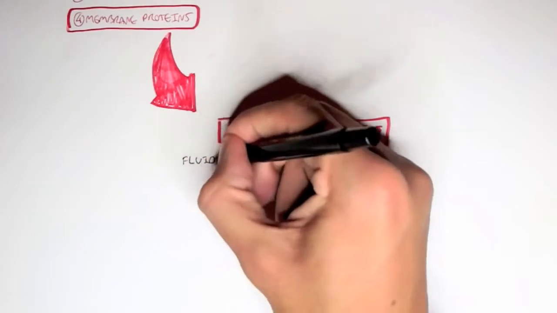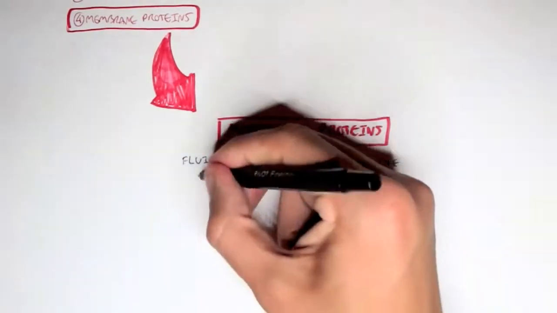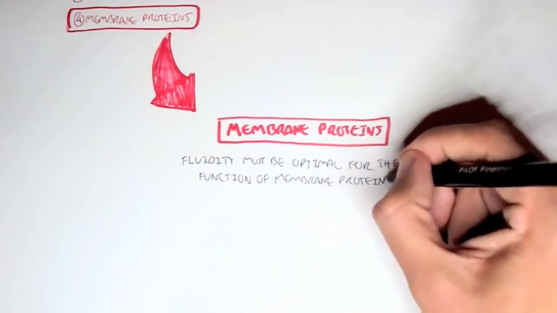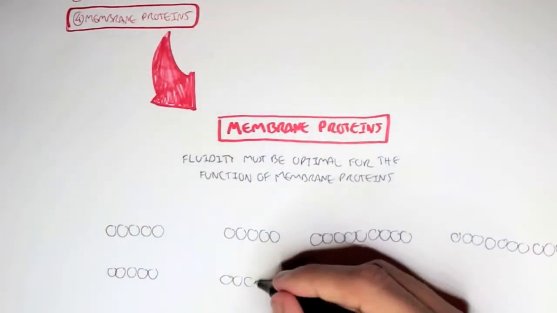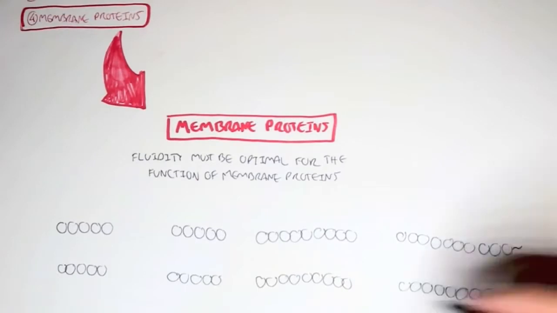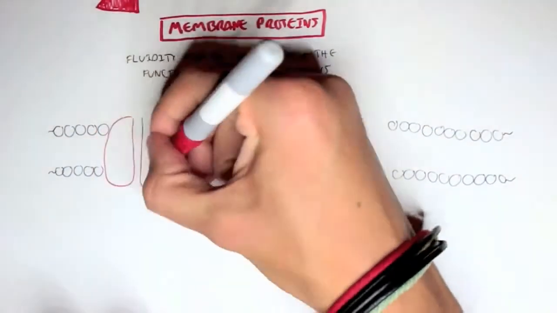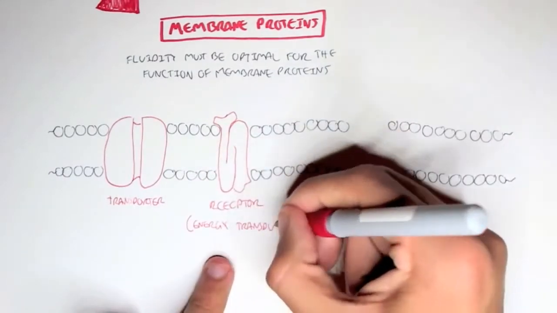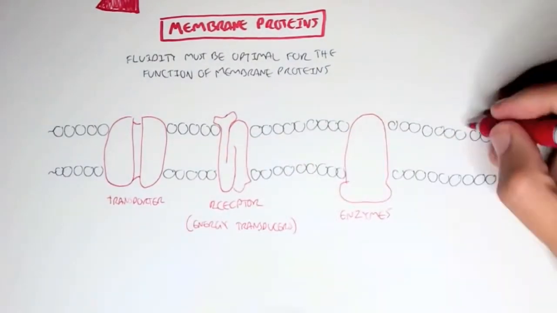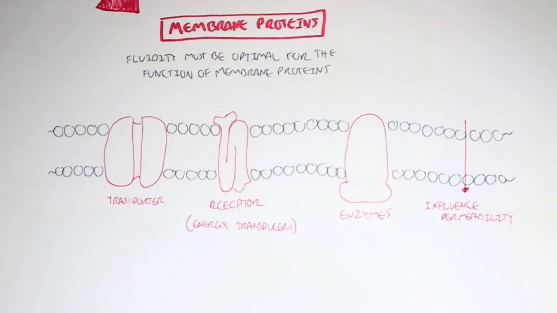Now the fluidity must be optimal for the function of membrane proteins. And we'll look into membrane proteins in the next video in more detail. But let's just look at a quick overview. What are membrane proteins? Well, they can be transporters, they can be receptors, energy transducers, they can be enzymes, and obviously they can influence permeability.